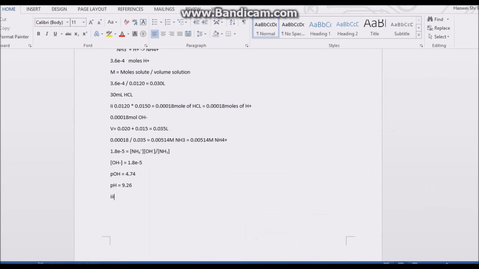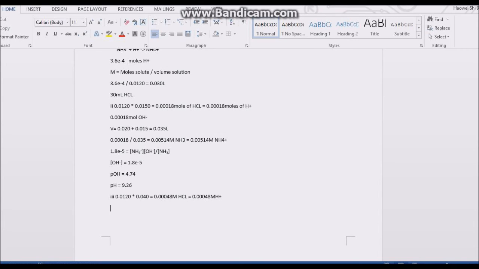In the 40 milliliters of HCl added, we got 0.0120 molar times 0.040 liters of the solution, which yields 0.00048 moles of HCl. Since HCl is a strong acid, we could just go right to the H plus concentration.